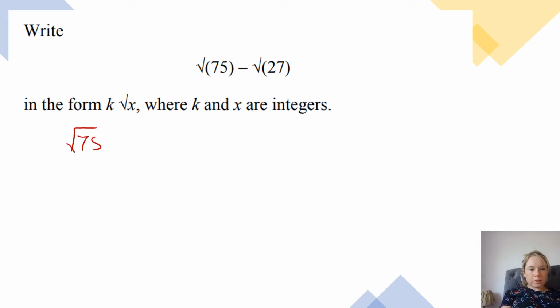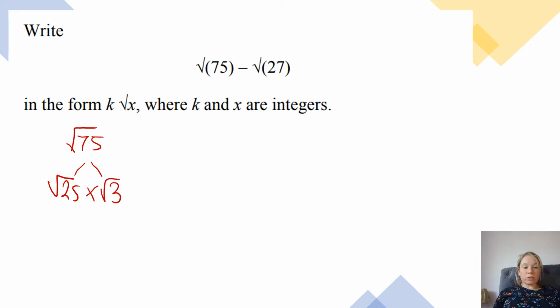So root 75, there is a square number that goes into 75, and that is 25. If we take out, I like to use these trees, because root 75 is the same as root 25 times root 3. And what is the other one? Root 27.